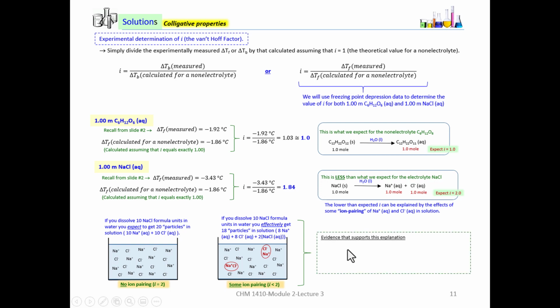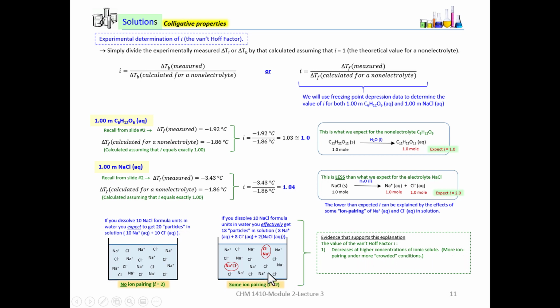Well, what evidence supports this kind of explanation for the Van't Hoff factor being less than what you'd expect? Well, the first piece of evidence is that the value of the Van't Hoff factor seems to decrease at higher concentrations of ionic solute. So there's more ion pairing under more crowded conditions.